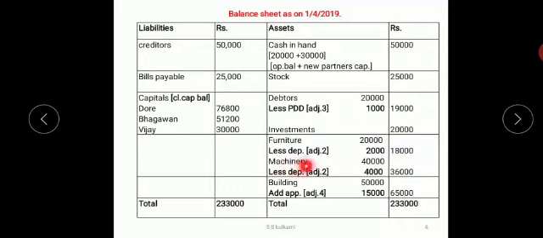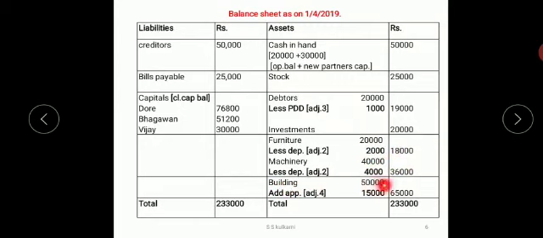Next machinery is there amounting to 40,000. Then reduce depreciation given in adjustment 2, 4,000. So you will get 36,000. So depreciation charged was 10%. Reduce that respective amount from the respective assets, will get the book value as on admission. Now coming to building.